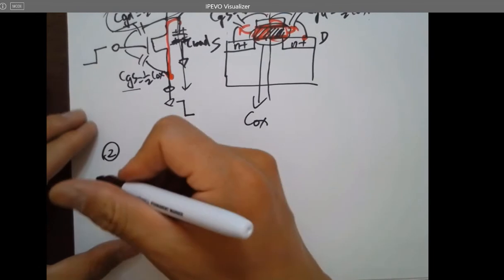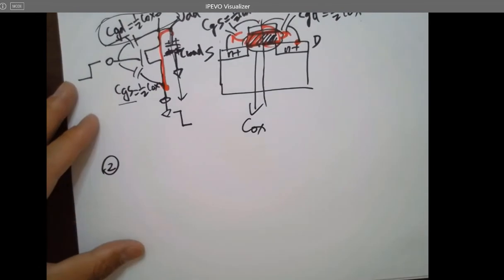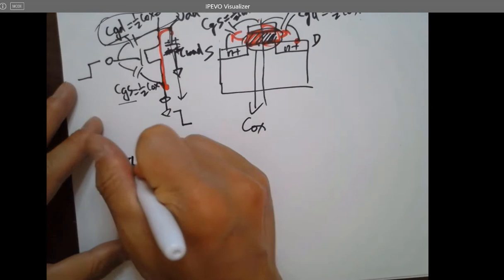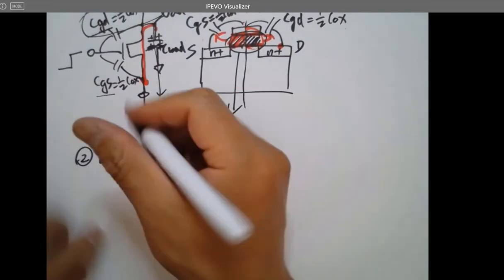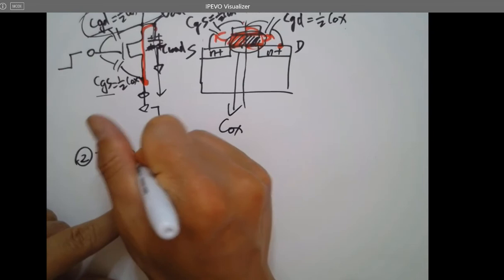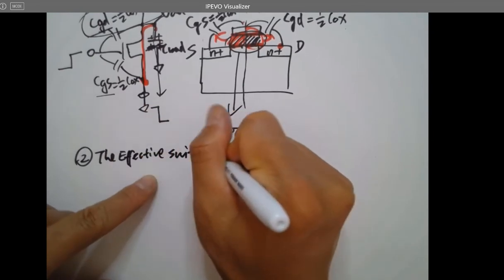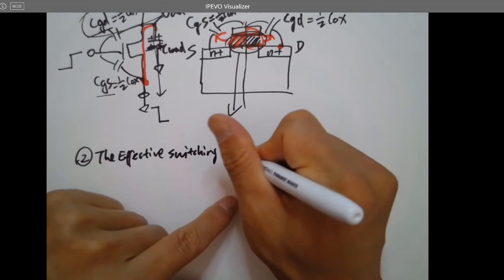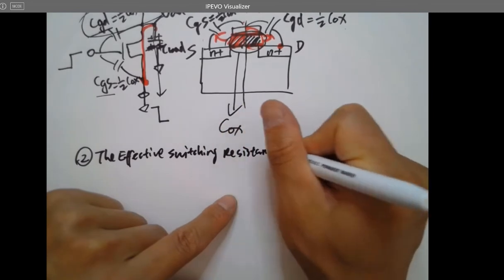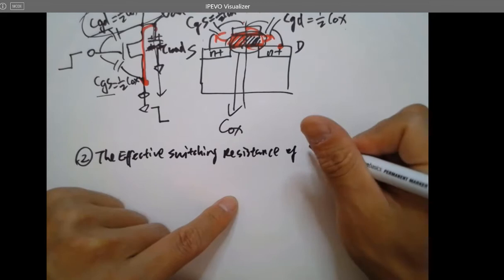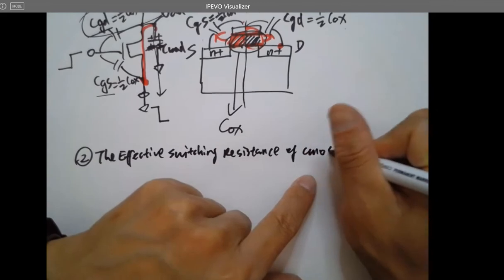Second, the effective switching resistance of the NMOS or PMOS, or CMOS, right?